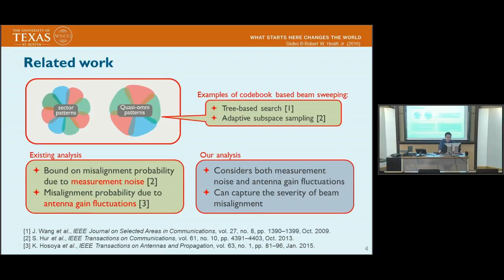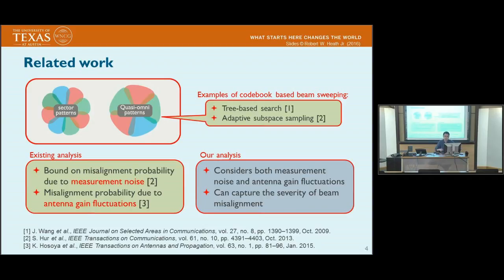There is also some analysis of the impact of noise and antenna fluctuations. For example, the work in 2 did quantify some of the impact of noise, but there is no antenna gain fluctuation included. In the work in 3, they quantify the gain fluctuations, but there is no noise in the analysis.